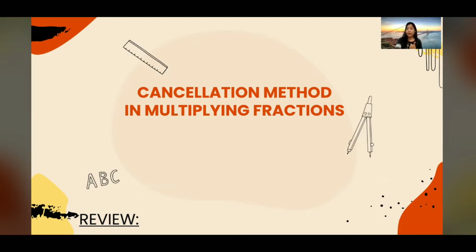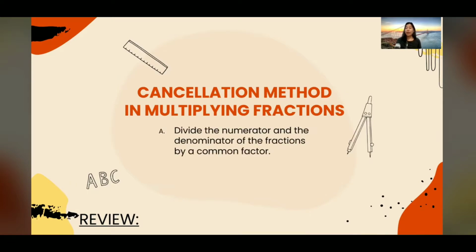The first one is to exactly. We will just simply look for the common factor of the numbers in our numerator and denominator. And then after that, we will just simply divide both the numerator and the denominator by that common factor.